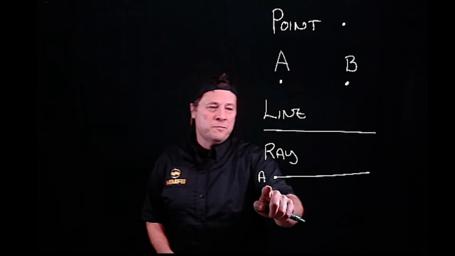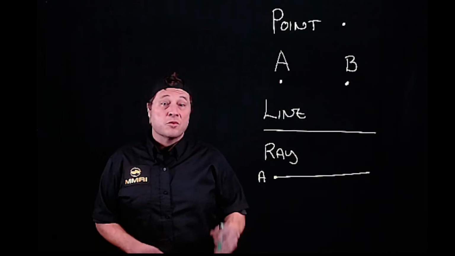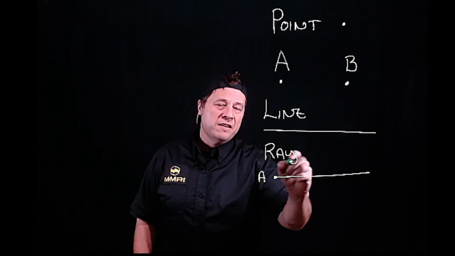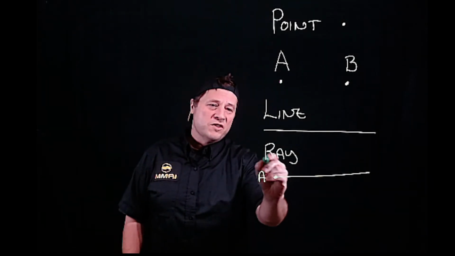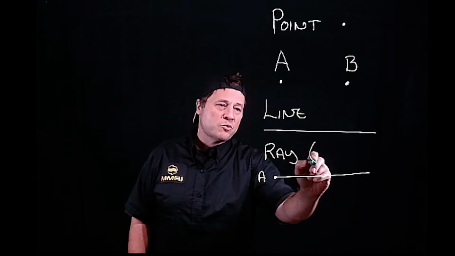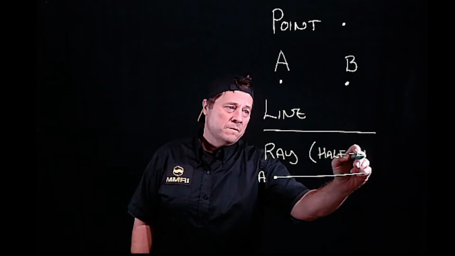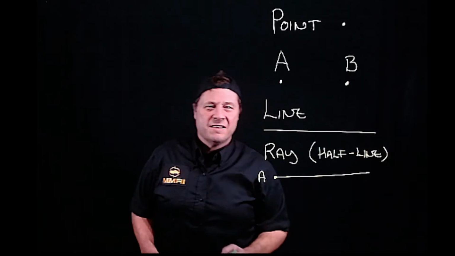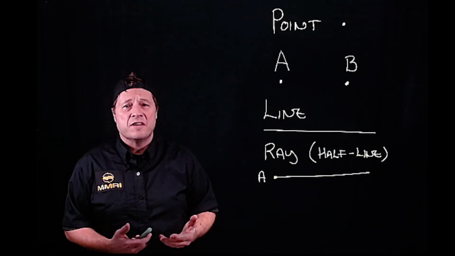So the line starts at point A, but it extends forever the other direction. So sometimes you'll see it referred to in geometry when talking about a ray, sometimes it's referred to as a half line. Okay, not very commonly, but from time to time you'll hear that term.